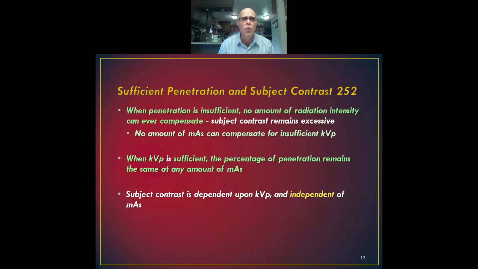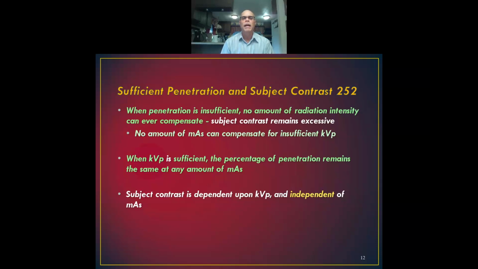because you haven't increased the penetrability of the beam by increasing your kVp. So your kVp has to be there. You have to have sufficient penetration before you can start changing your mass. Mass cannot compensate. Mass is nothing but the number of x-rays, not how penetrating the beam's going to be. That is controlled by your kVp.